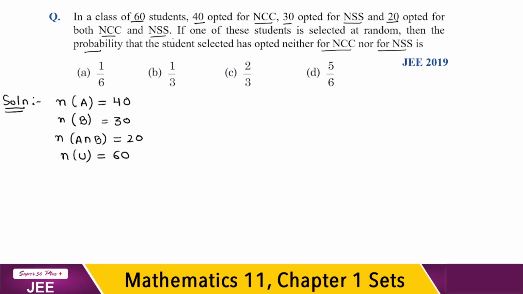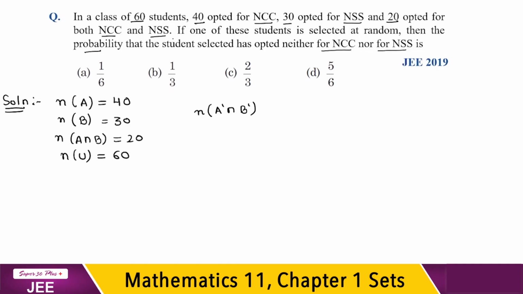Now we are interested in finding the probability of the student who has neither NCC nor NSS. So first of all, we will calculate the number of elements that are present in neither set A nor set B, because this is what is required for probability. First we will have to calculate the total number of favorable outcomes.